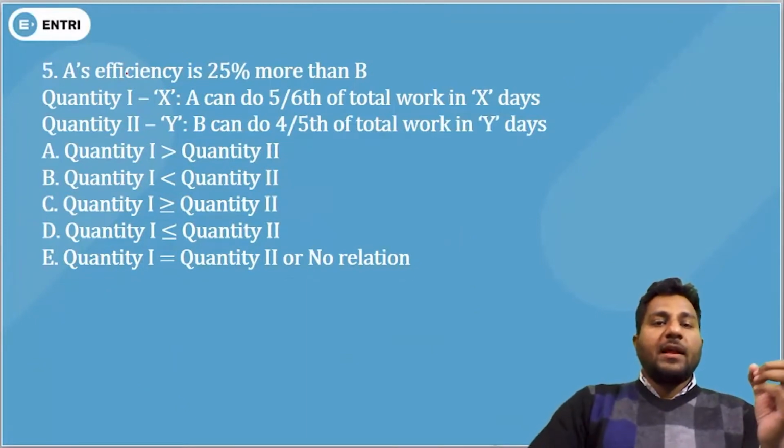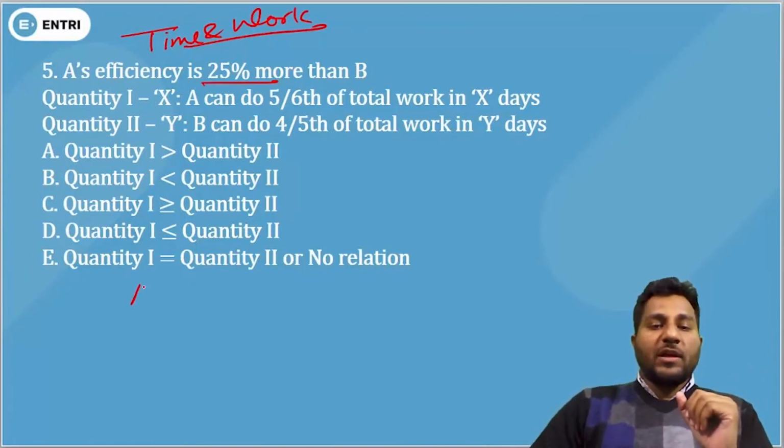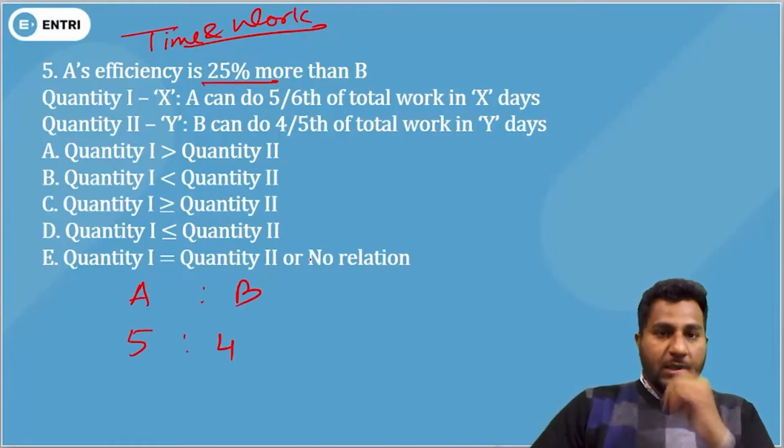Next, it is a time and work question. A's efficiency is 25% more than B, so the efficiency ratio will be 5:4.